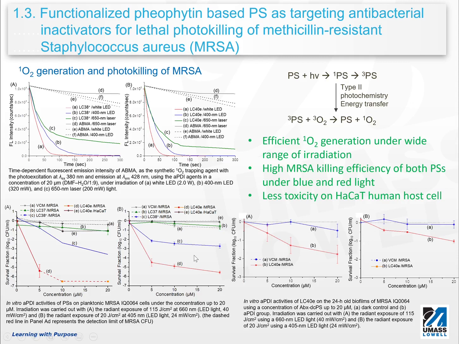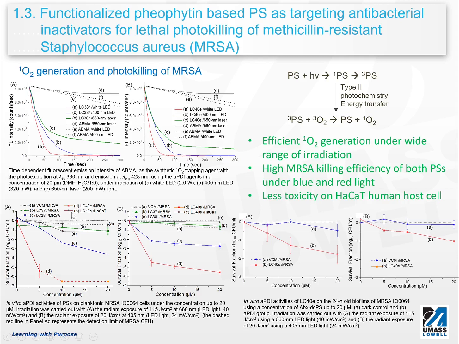Another interesting thing we observed is that we also used human skin host cells as a comparison to see if they can also kill the human cell. If they can kill the human cell as well as the MRSA cell, that means they do have toxicity to the human host cell. However, we found out that they don't have much killing ability on the human host cell.